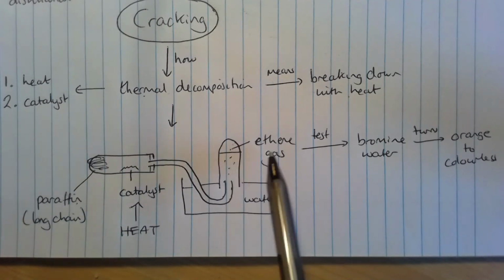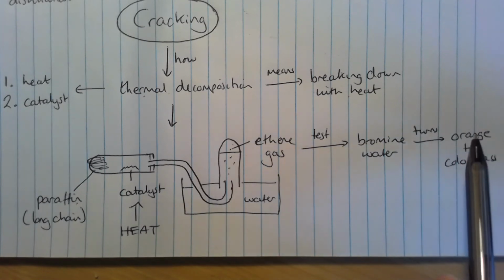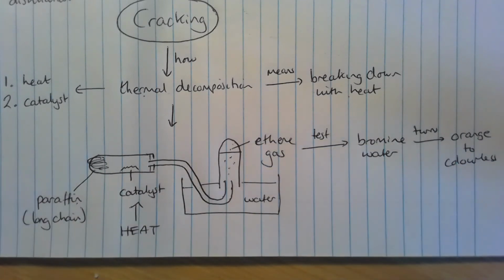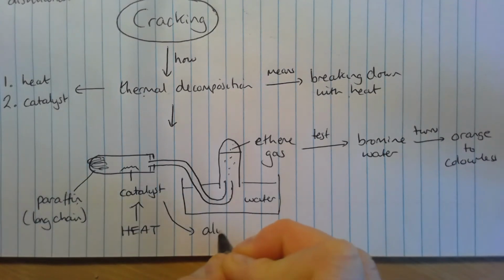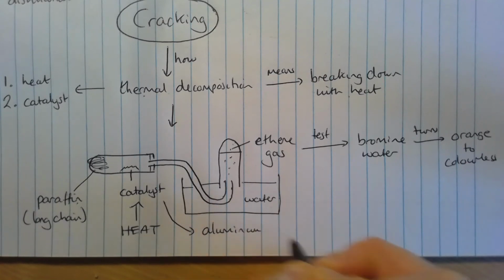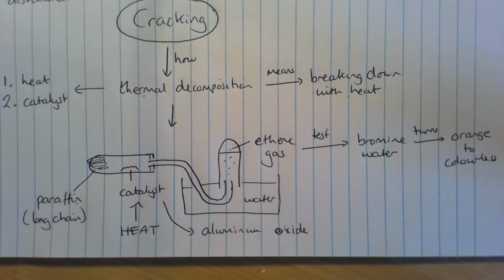We can test for that ethene gas using bromine water, and bromine water goes from orange to colourless if there is an alkene present. The only thing I could add here is that the catalyst that we use in this case is aluminium oxide, and we can get aluminium oxide by using broken pieces of porcelain or broken pieces of pottery.